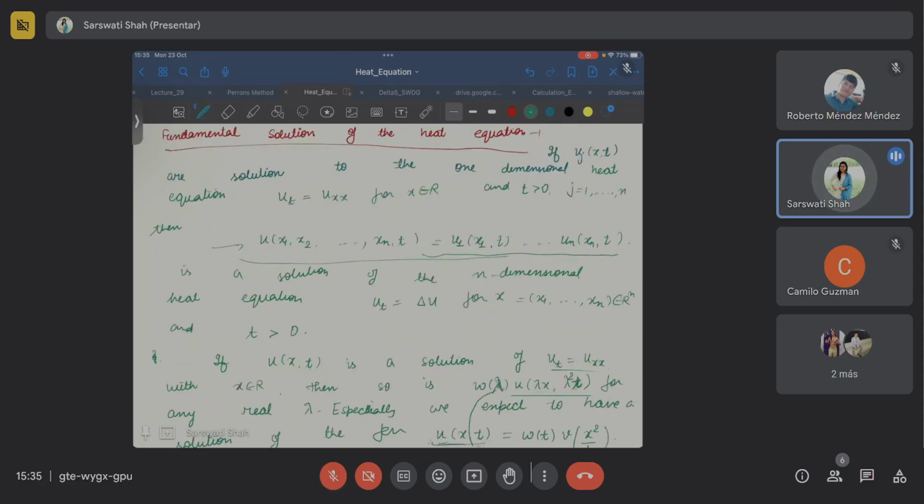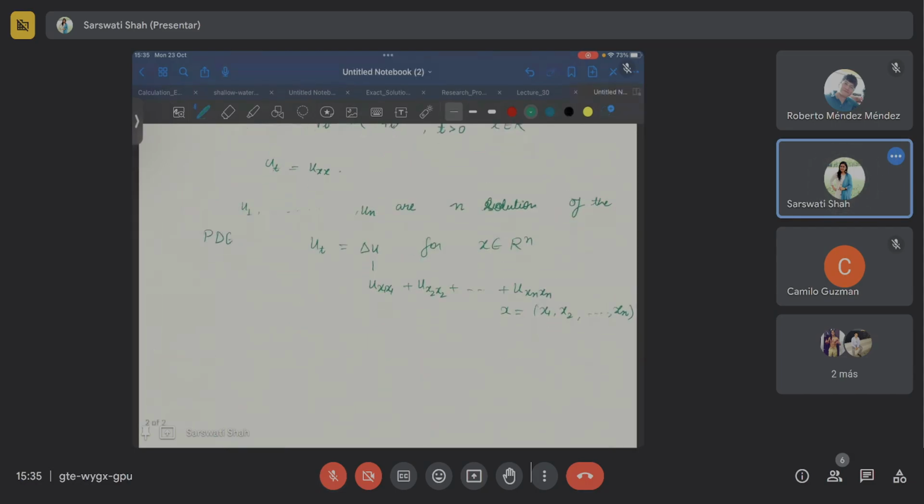using this identity, which was the first point I was telling, you are going to multiply these equations. You can say that u(x1, x2, dot dot dot, xn, t), or you simply can say u(x, t), will be 1 over t to the power n by 2.